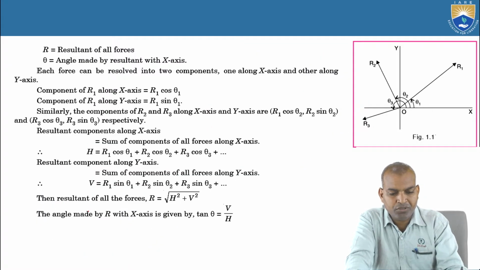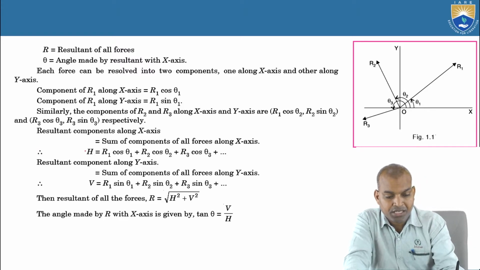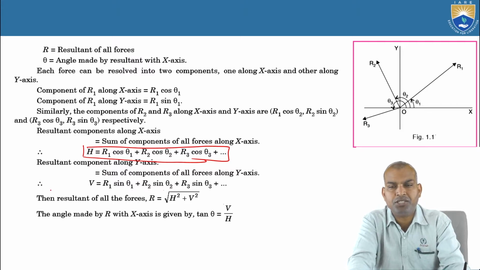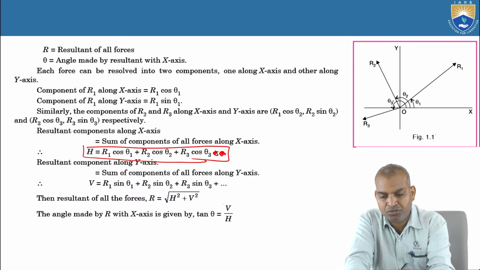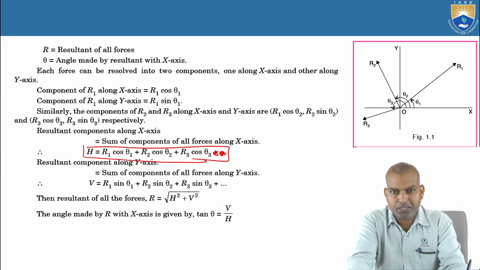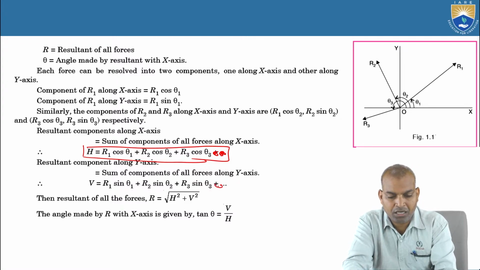The algebraic sum of all forces parallel to the x-axis is H equal to R1 cos theta 1 plus R2 cos theta 2 plus R3 cos theta 3, because only these three forces are acting. The algebraic sum of vertical forces is V equal to R1 sin theta 1 plus R2 sin theta 2 plus R3 sin theta 3.